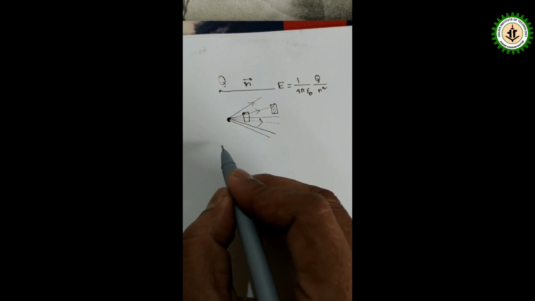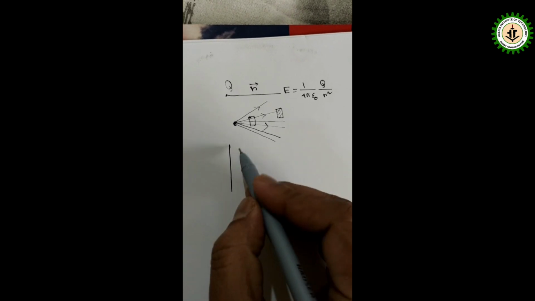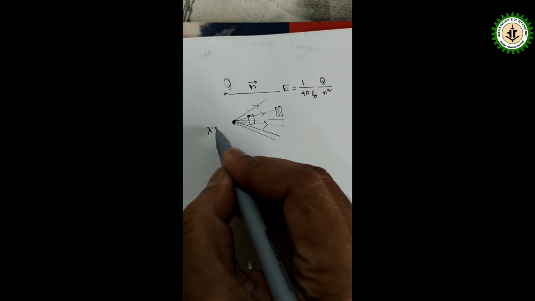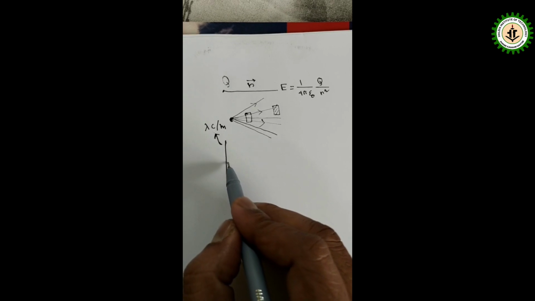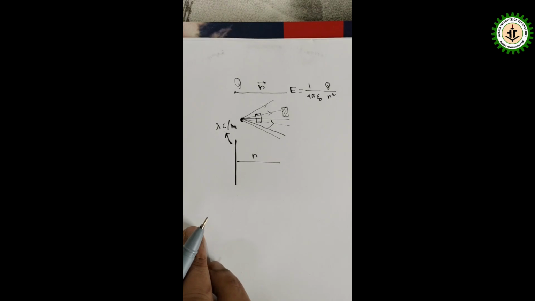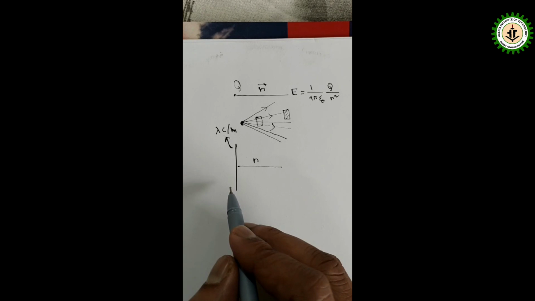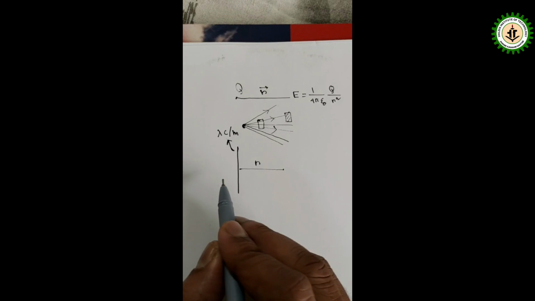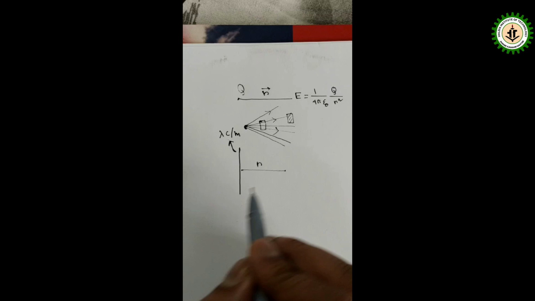Now, instead of a point charge, if I consider an infinite wire with a charge density lambda coulomb per meter, then what will be the electric field at a distance r? Before starting this topic, first try to understand: if I consider an infinite wire with lots of charge, when I calculate the electric field at that point, there will be an effect from individual charges.